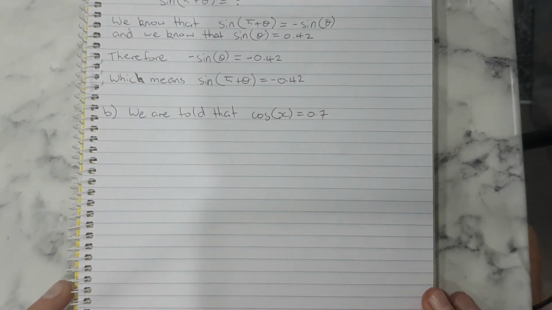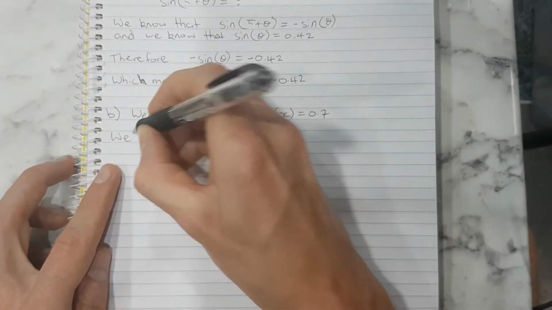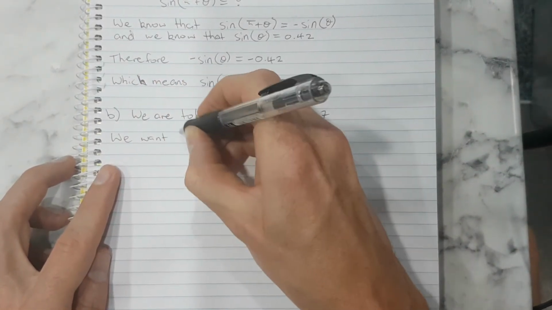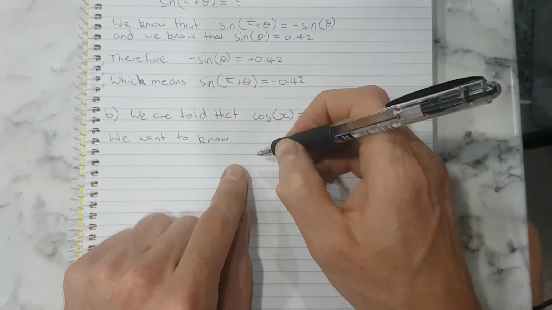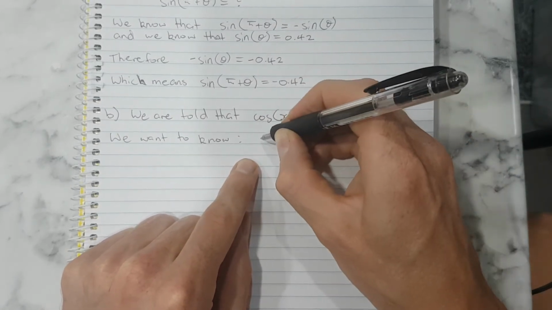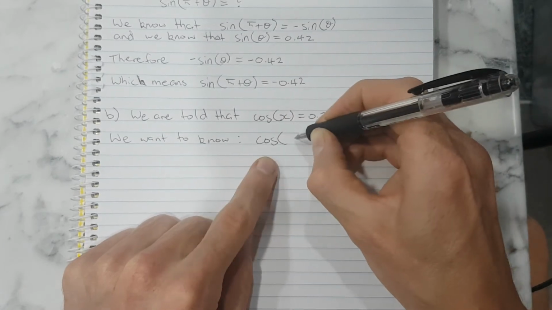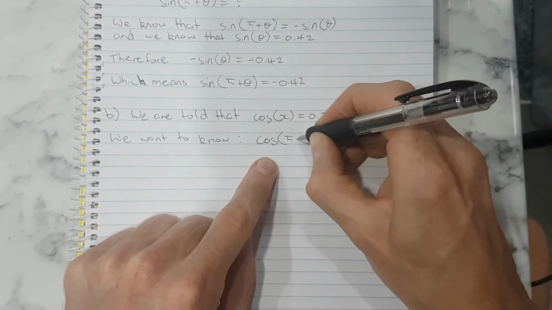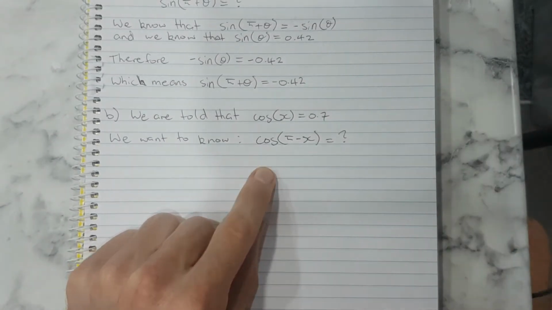Now part B is asking us what is cosine pi minus x. So what does that equal?